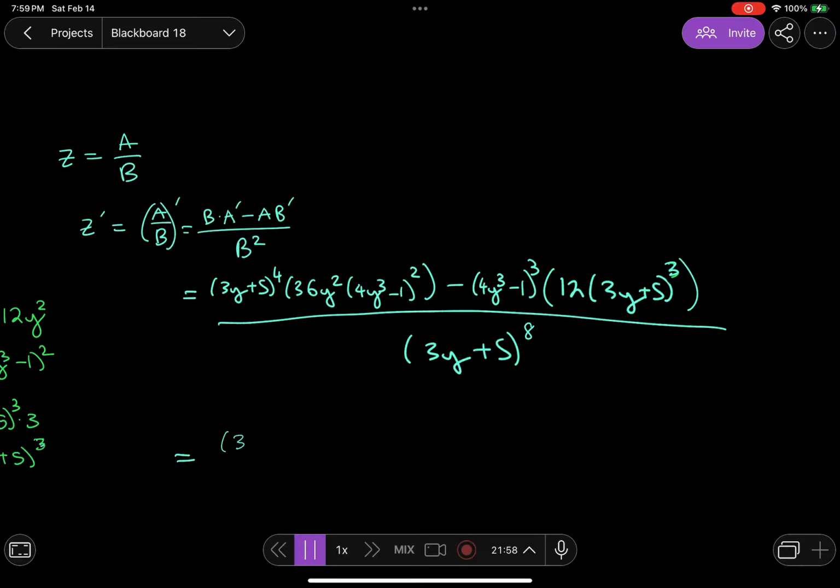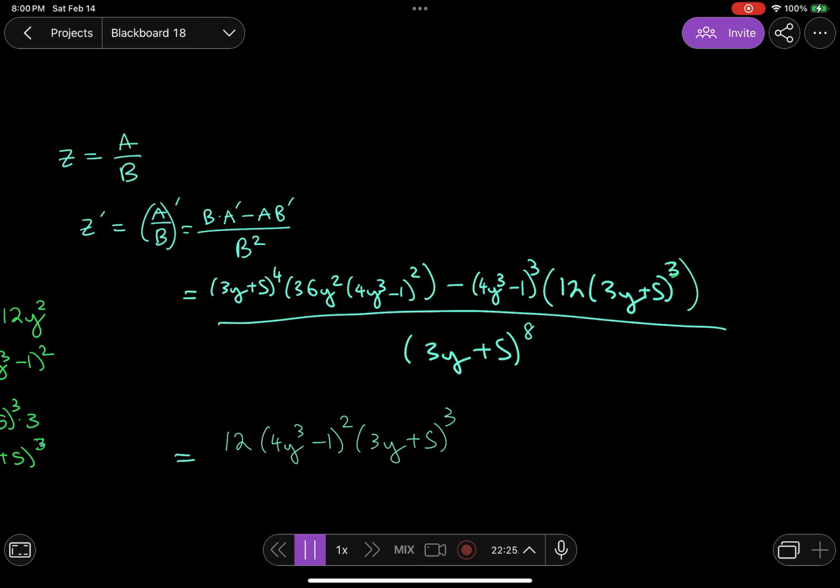Okay, so what's common? I think a 12 is common in the numerator. So I'm going to take a 12 out. I think a 4y cubed minus 1 squared is common. So 4y cubed minus 1 squared. And then I also have a 3y plus 5 cubed.